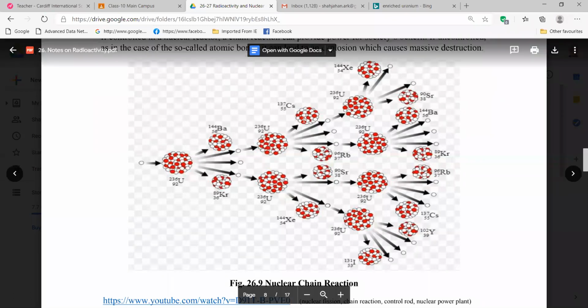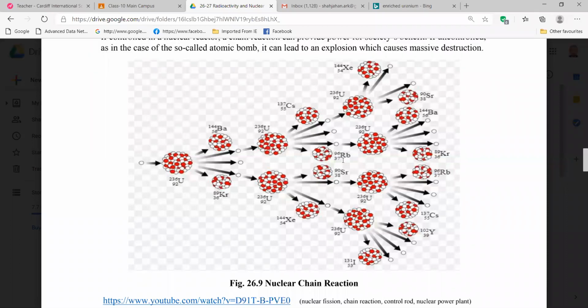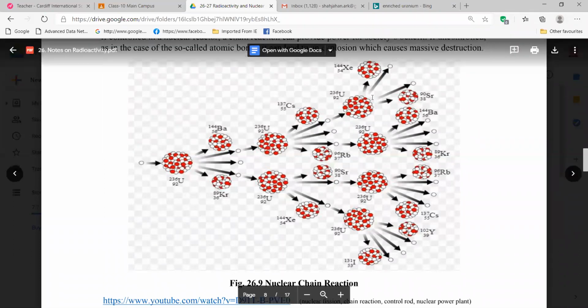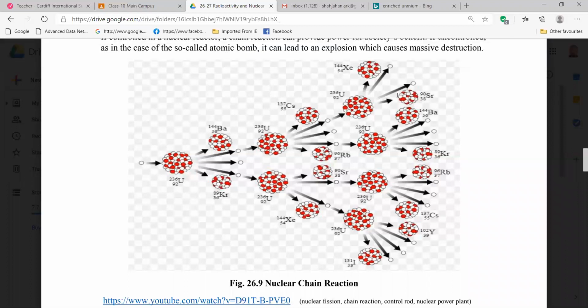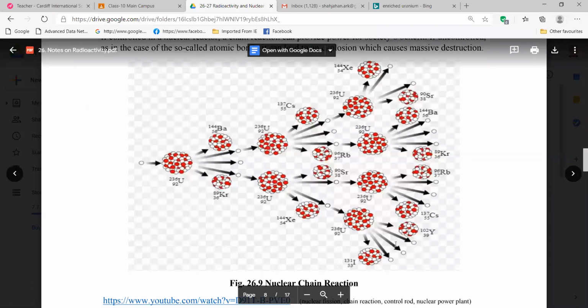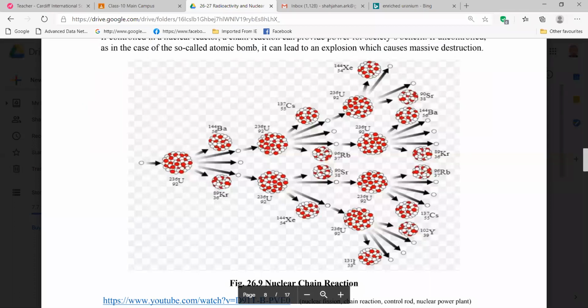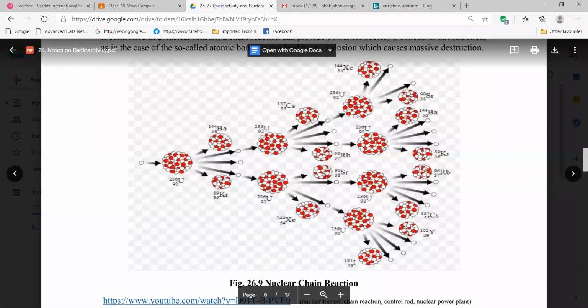Sometimes we get cesium, rubidium, then xenon, strontium. This way we are getting different types of nuclei. We are also getting indium. Here we got iodine. Is it clear, everyone? Hello?